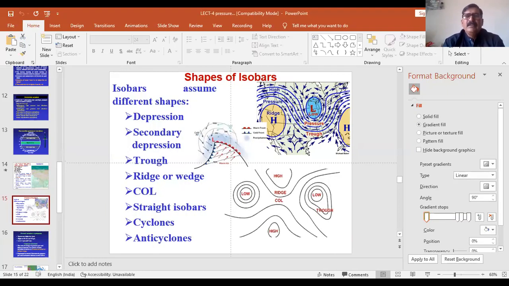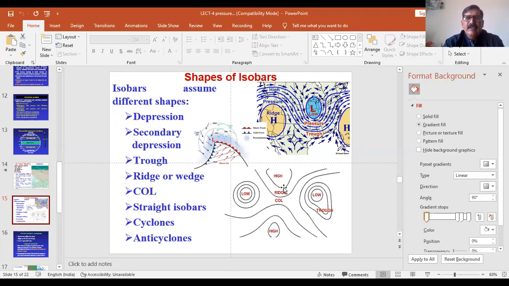So these are two different places. Suppose this is where you are now. Jharkhand, okay. And I am in Maharashtra. Suppose this is Jharkhand and this is Maharashtra. Two places, and the pressure is high.